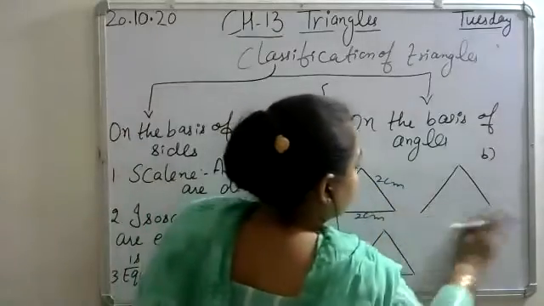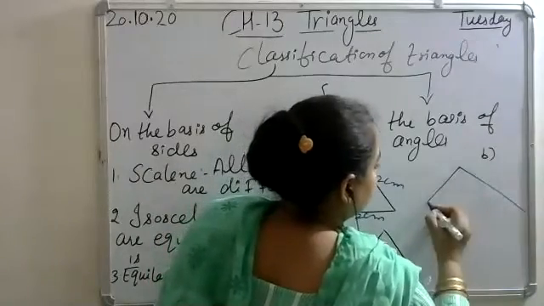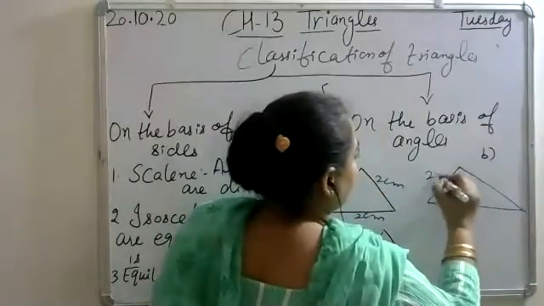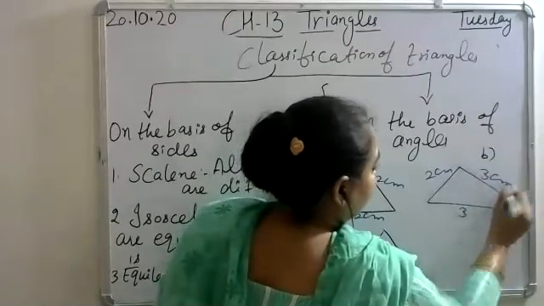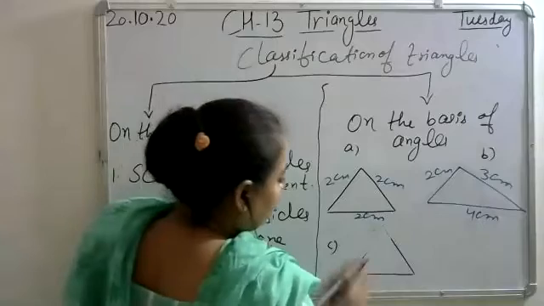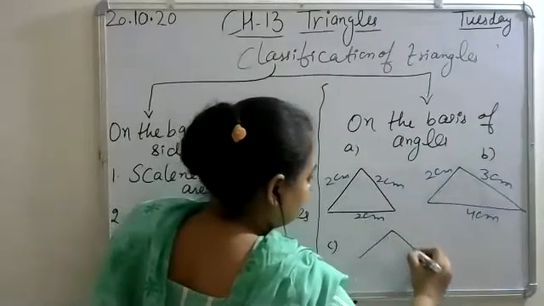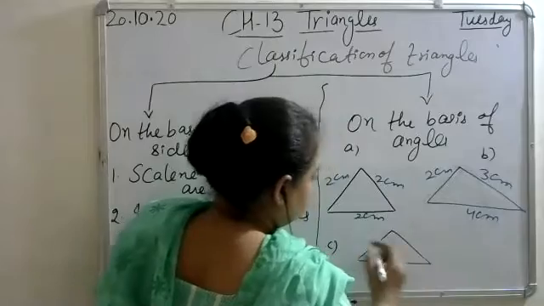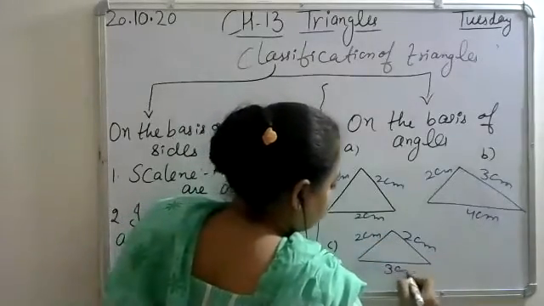This is 2 centimeter, 3 centimeter, and 4 centimeter. Similarly, in C, we have 2, 2, and 3 centimeters.